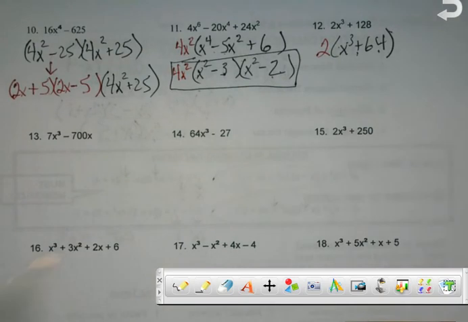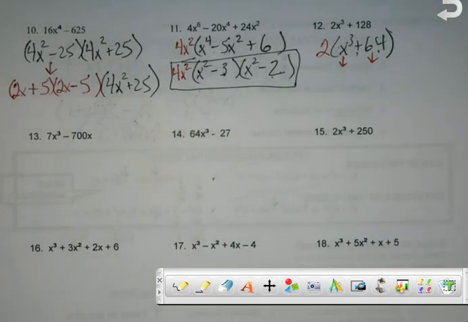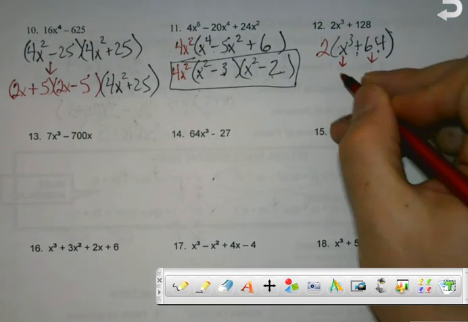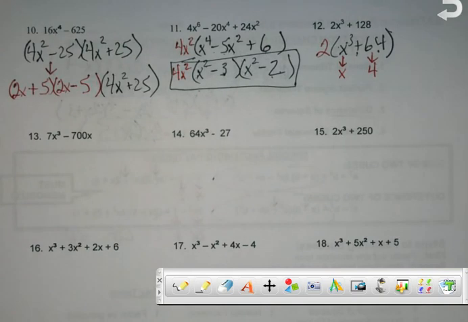So we go, okay, what do I cube to get each of those terms? X and, not 8, it's not square, it's cube, 4. Yeah, be careful. Those ones that can be squares or cubes, it can be mighty tempting to use 8 there.